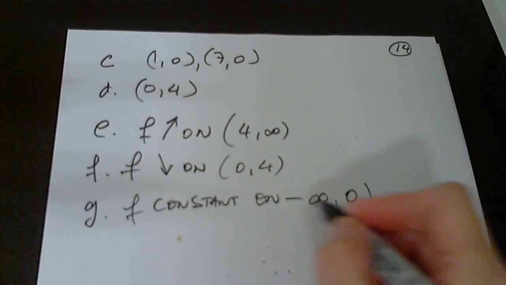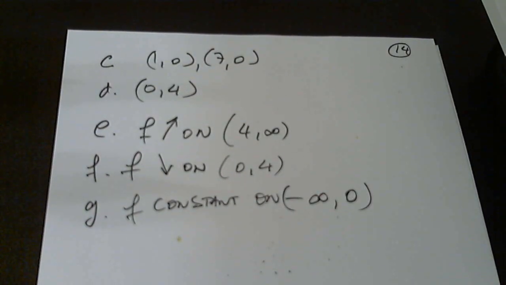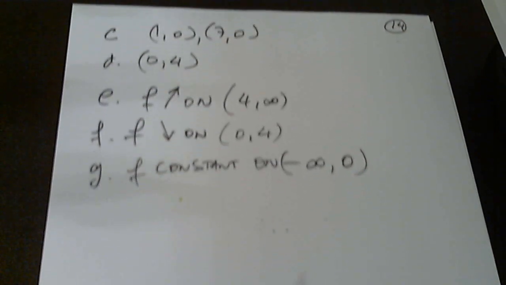Negative infinity to 0. Excellent. Good. The number at which f has a relative minimum. The number, not the value of the minimum. Where is the minimum? Meaning which x value is the minimum? Just the x value.